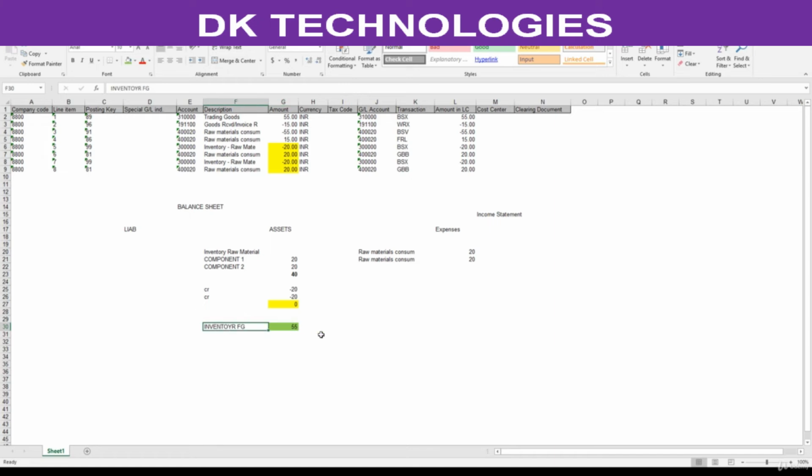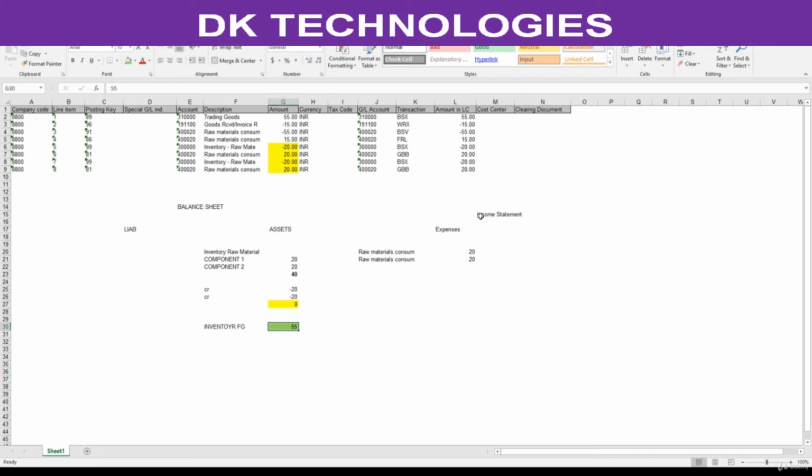Now since we are receiving this material, credit will be given to the raw material consumption account for this entry. This is to remove the impact on the income statement. See, we are doing only manufacturing here. We are not incurring any expenditure for this manufacturing. Whatever expenditure, subcontracting charges you are incurring, that is going to be part of your inventory.